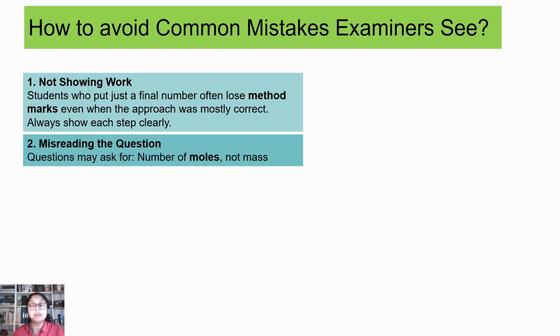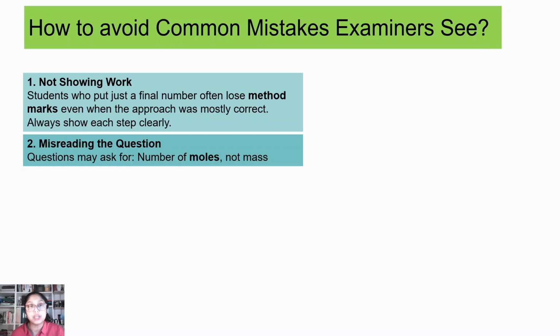The second type of mistake people make is misreading the question. Read the question very, very carefully to note whether it is the moles given or the mass. And the same for the final answer. What have they asked, is it moles or mass?